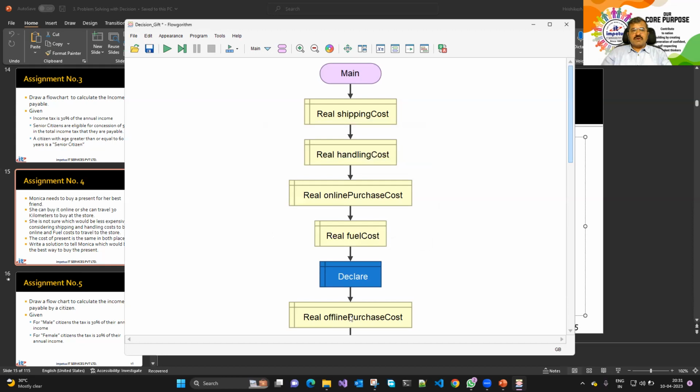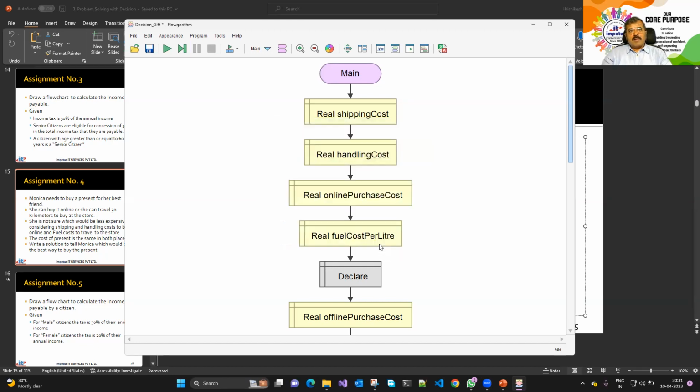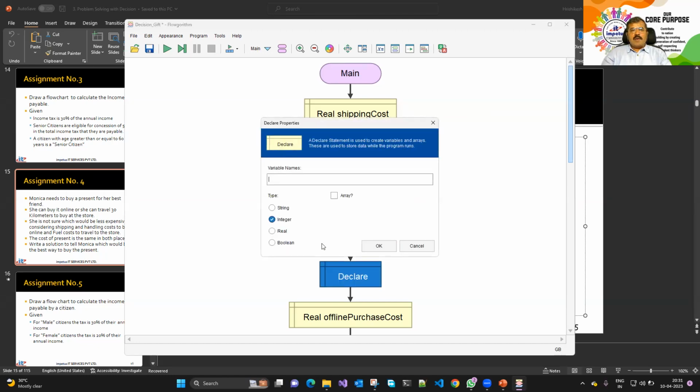Calculate the fuel cost. So that's total purchase cost. So rather than asking for fuel cost, I'll say fuel cost per liter. Total trip distance is what I want.